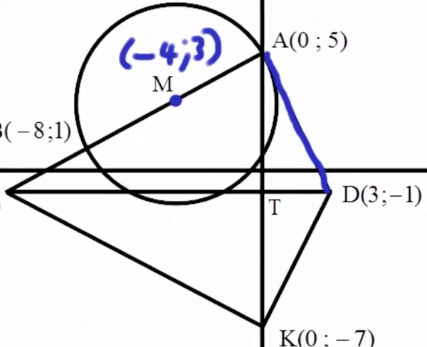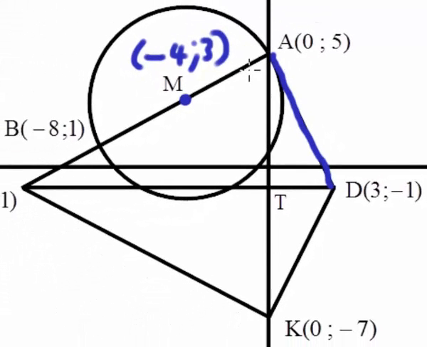Now, what do you know? You automatically know that the radius and the tangent are perpendicular, and we've got the points M and A. We can get the gradient of the radius and hence the gradient of the tangent. We've got a point on the tangent, (0, 5).